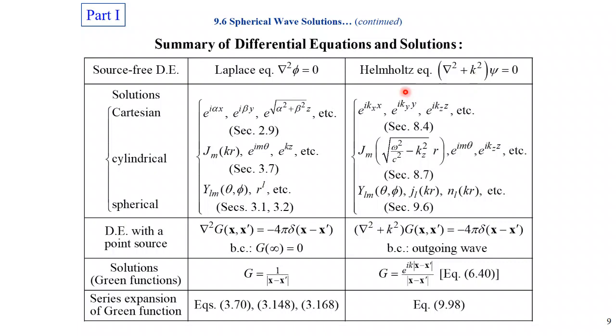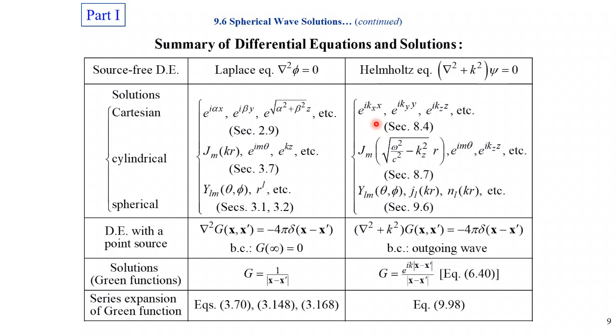In this case, for the Cartesian, we have e^(i kx x), e^(i ky y), and e^(i kz z), where kx squared plus ky squared plus kz squared equals k squared. Okay, that's the simplest case.